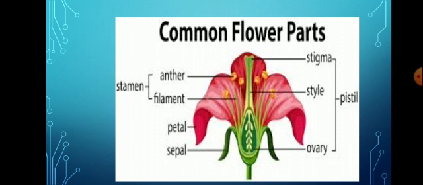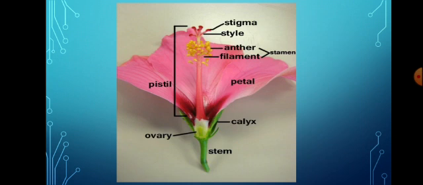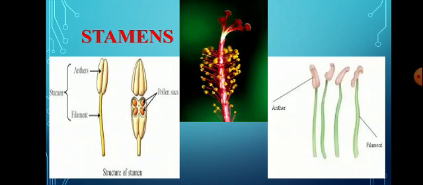Then the next one, stamen. These are the long, slender parts of the flower. You see the picture in hibiscus.